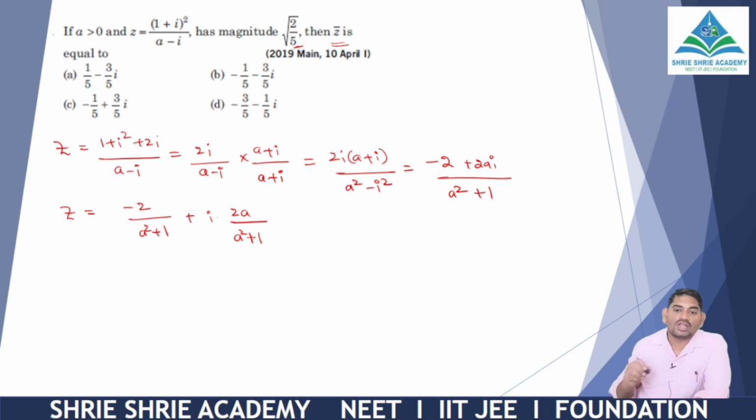Okay, so now we need to find the value of a. How can we find it? In the question they already gave the magnitude, root over 2 by 5. Magnitude means the modulus of z, which is root over 2 by 5.